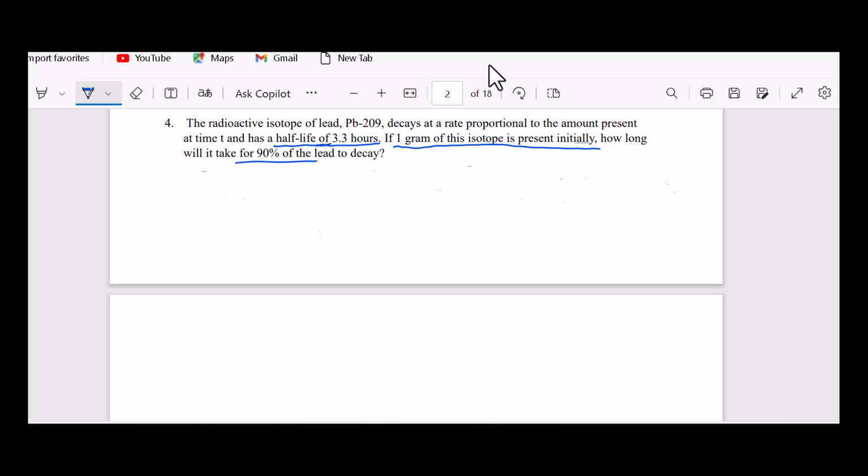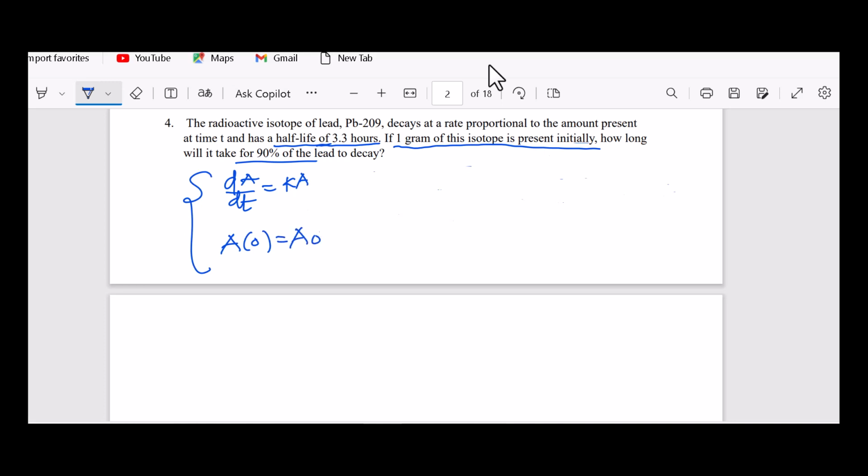And how long will it take for 90% to decay? By now you should know the differential equations modeling all these kinds of problems. So the model is given by dA/dt equals kA, and A of 0 equals A naught.